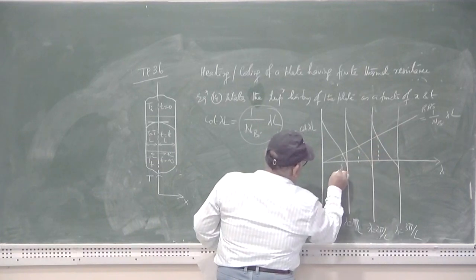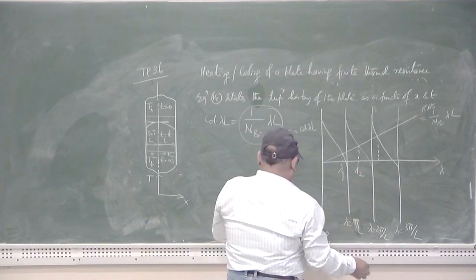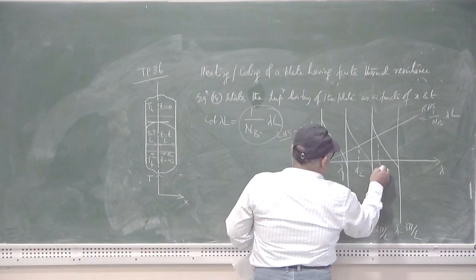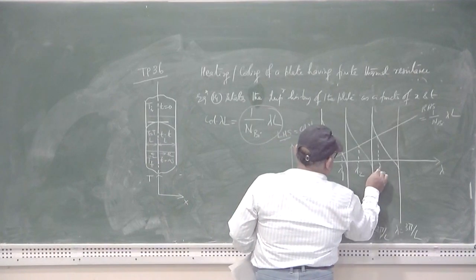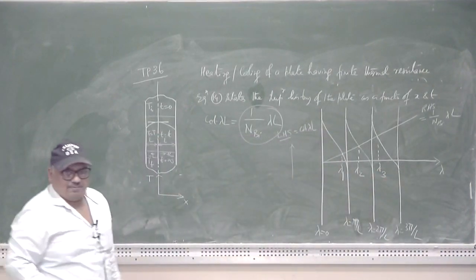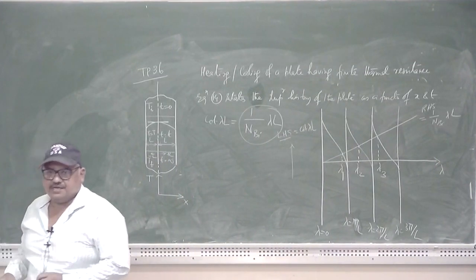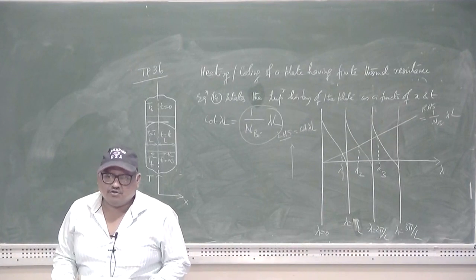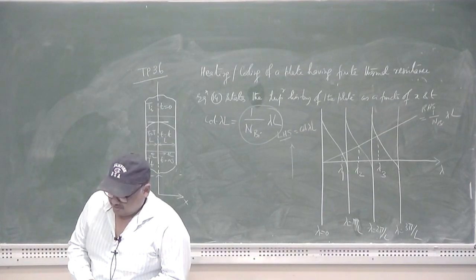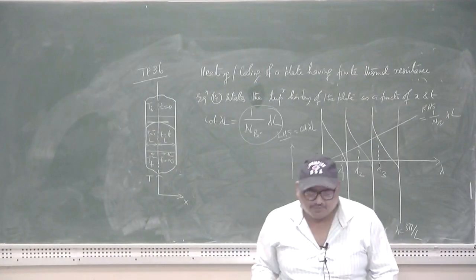It will give you the first eigenvalue lambda 1. This will give you the second eigenvalue lambda 2. This will give you the third eigenvalue, lambda 3, and so on. This is the method by virtue of which the eigenvalue in the present case can be determined on geometrical ground.